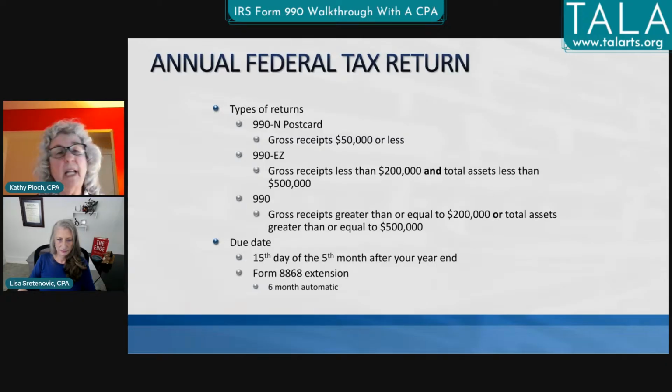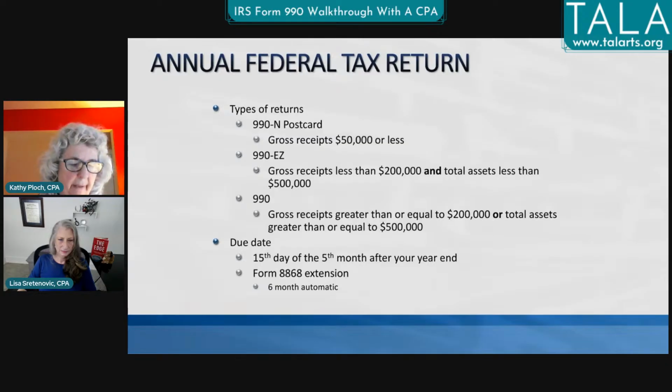Back in the day when they set up, TALA was really good about doing a June 30th year end. If you were a school, sometimes they would do May 31st or July or August 31st. So a lot of nonprofits do have different year ends.